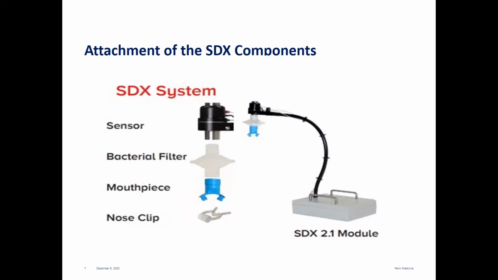Okay. This slide shows the SDX module with the arm, sensor, bacterial filter, and mouthpiece as it is connected. The arm is flexible, so you can reposition it for patient comfort and clearance. So this part kind of flexes around.